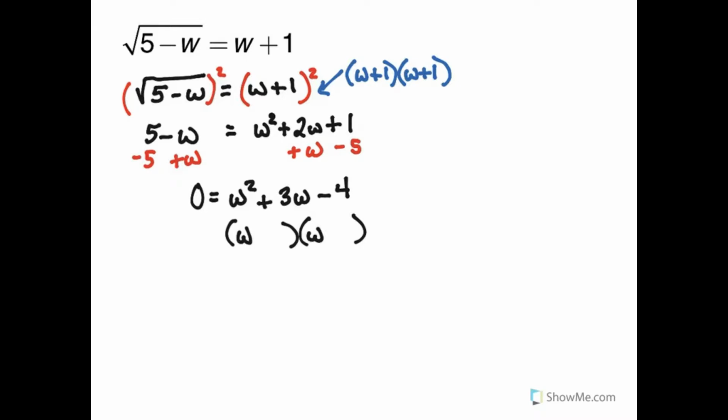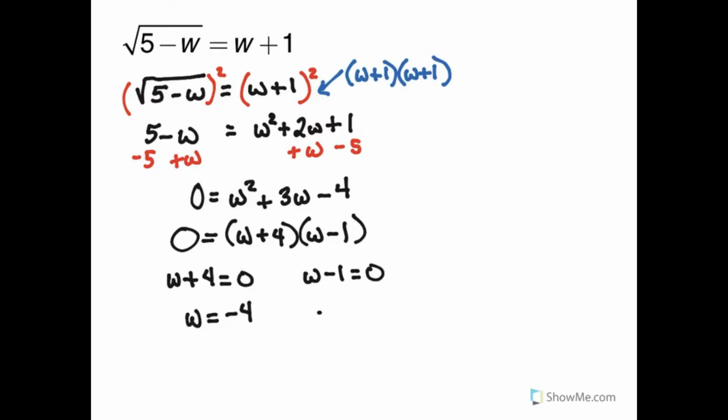It's going to be w plus 4, w minus 1, because positive 4 minus 1 gives me positive 3 in the middle, and positive 4 times negative 1 gives me negative 4 at the end. Well, that gives me two solutions, either w plus 4 equals 0 or w minus 1 equals 0, and so w equals negative 4 or w equals 1.